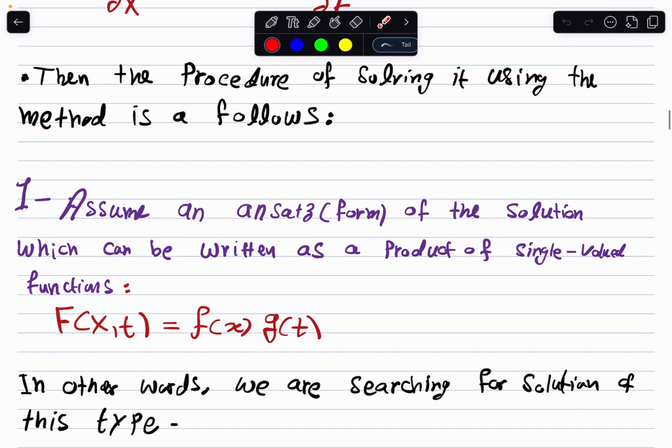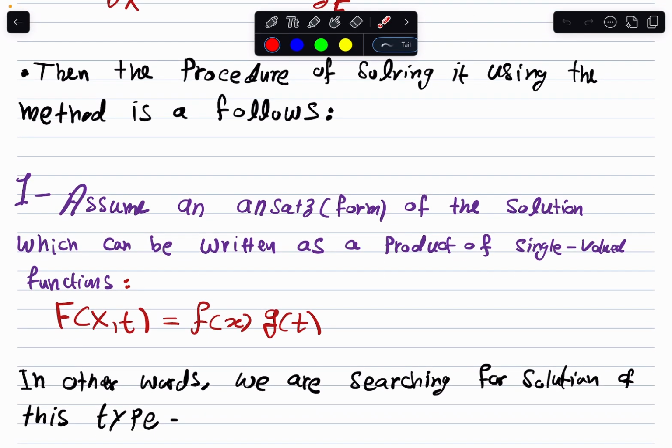In other words, for now we are searching for a solution of this type, a solution for the PDE which can be written as a product of 2 functions, one function of x and one function of t. For example, a solution could be x squared times t cubed. This is an example. So this is the first step, which is assuming the ansatz.